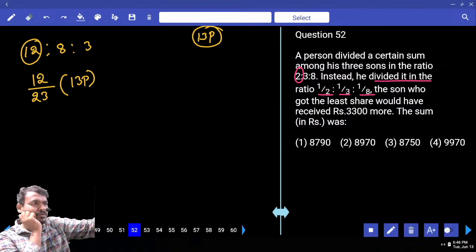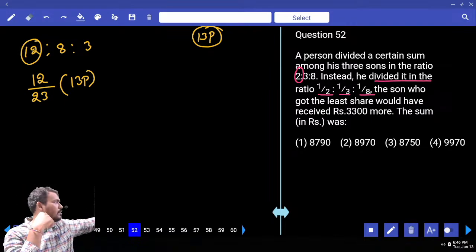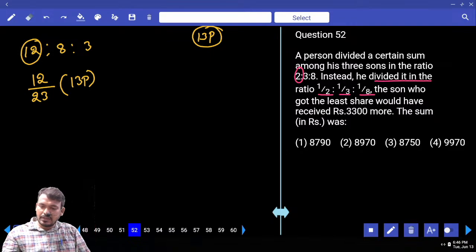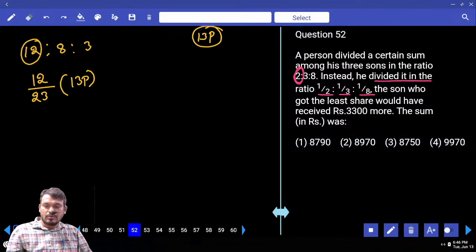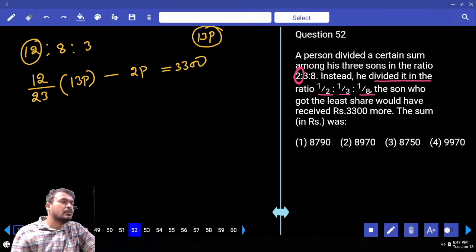But in the first case X rupees equals how many parts? 13 parts. 13 parts value equals 23, but we required how many parts? 12. 12 by 23 of 13 parts is the new amount of least share. What is the actual least share? 2 parts. Directly we write 2 parts. These two differences equal how much? 3,300.